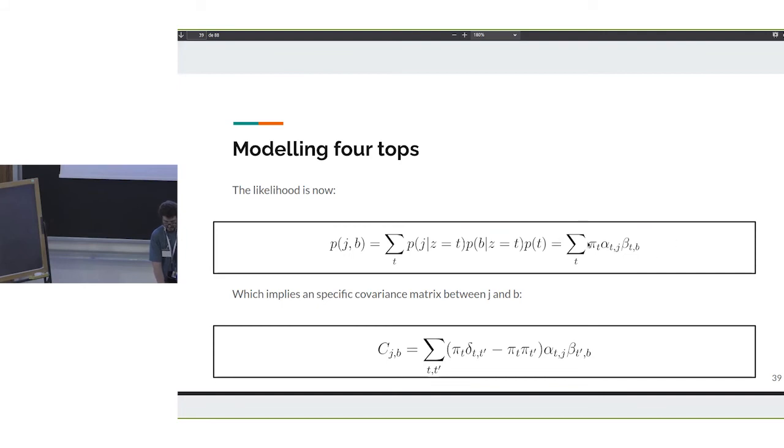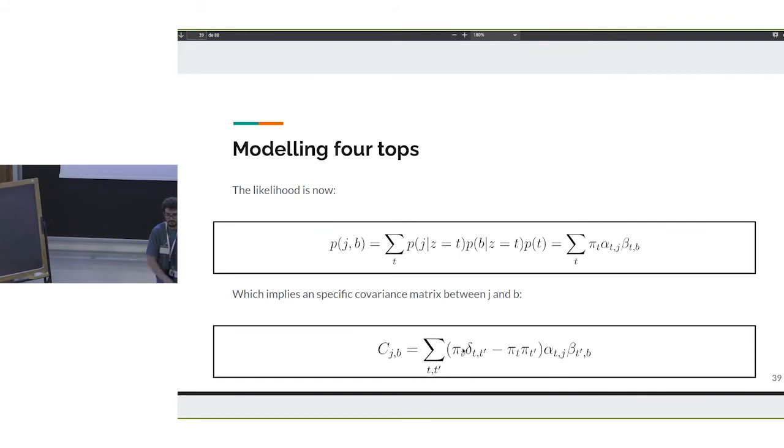These are the three sets of parameters of interest: the mixing fractions, the jet distribution, and the B jet distribution. This implies a specific covariance matrix. This is the physical bias we are baking in. You can write it in terms of the covariance between the light jets and the B jets, which vanishes if we have only one class. This is another way to express the physical bias we are baking into the model.